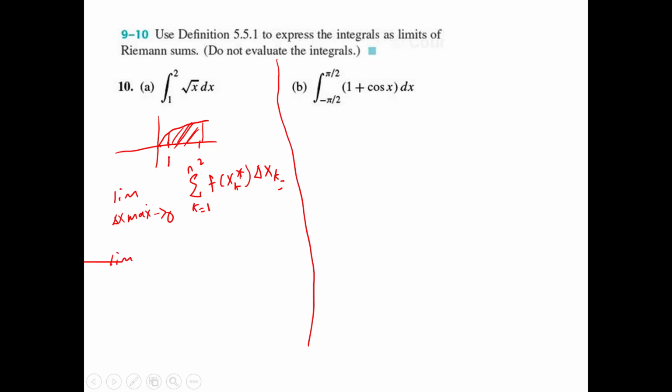So this is the limit as delta x max goes to 0 of the summation from k equals 1 to n of the square root of x sub k star times delta x sub k.